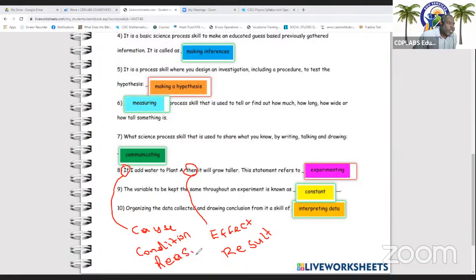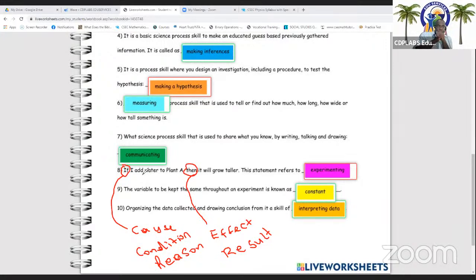So even when you're reading the textbook, when you're making your notes in science, not just physics alone, but any science subject, look for if. Write your notes with the if and the then. So you put all the ifs, then you put the then. Technically, you're seeing the cause for something, the condition under which something was, and the reason for it.